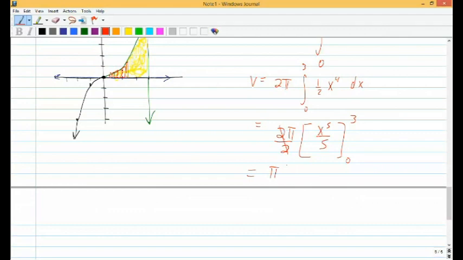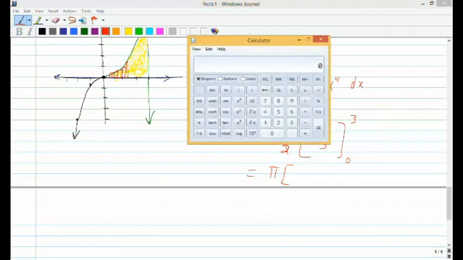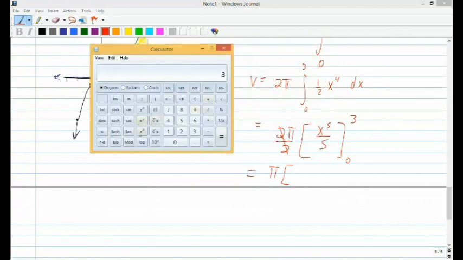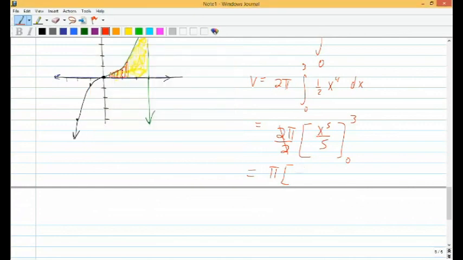So that's going to be pi times, plug in a 3 to the 5th power, that's a pretty big number, 243, over 5. Plug in the 0, get minus 0. So it's 243 pi over 5 is your volume.